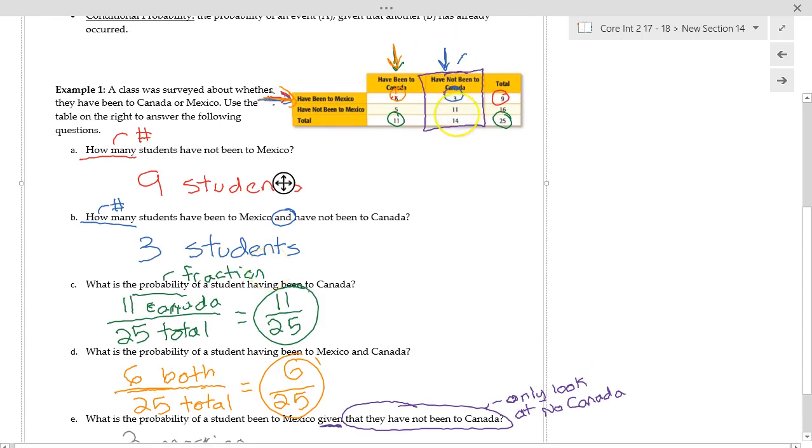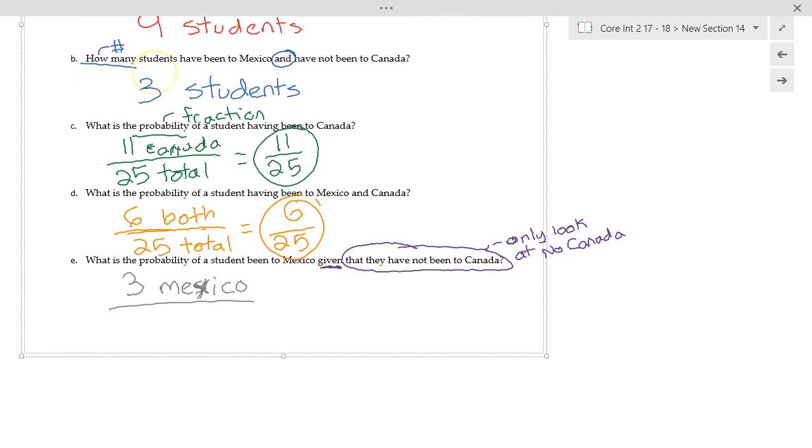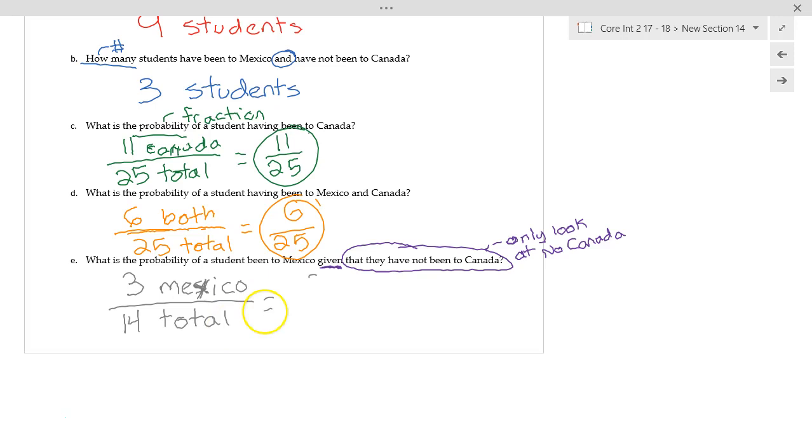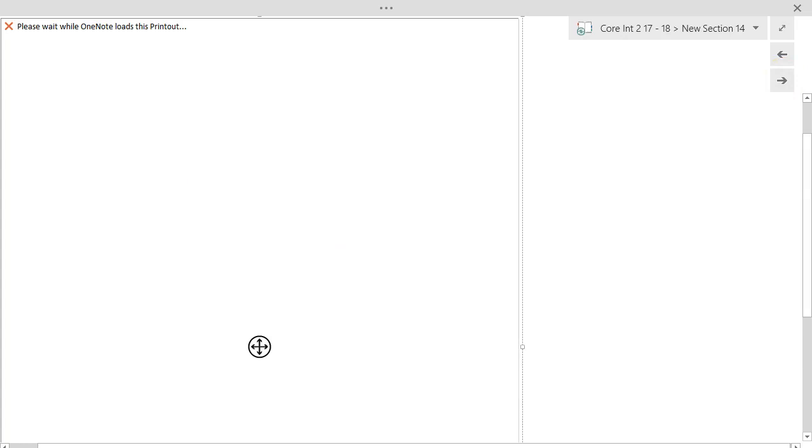My total is there are only 14 total students who have been to Canada. So it's actually 3 over 14. So those givens are a little weird. So it's 3 over 14 when you have that given. All right, let's look at just a few more examples on the next page.